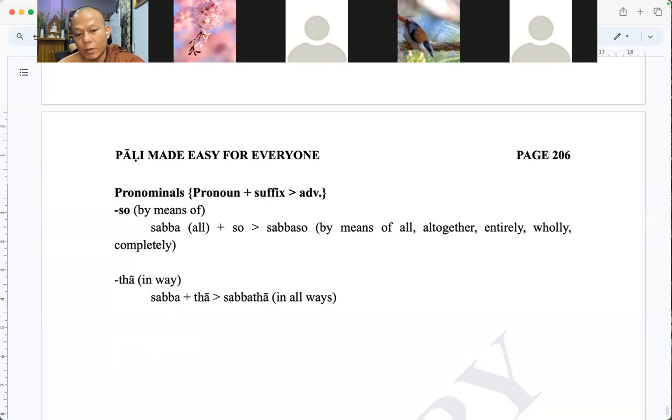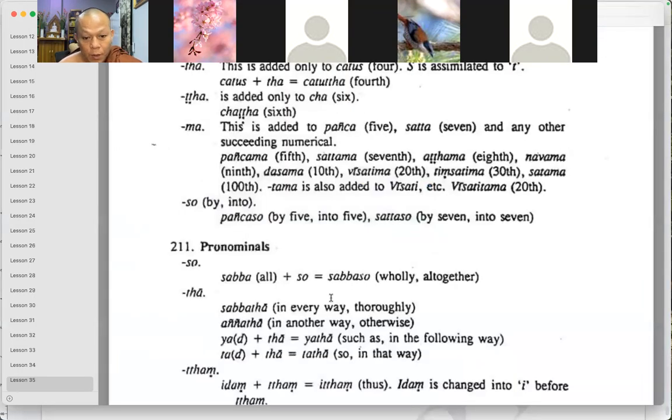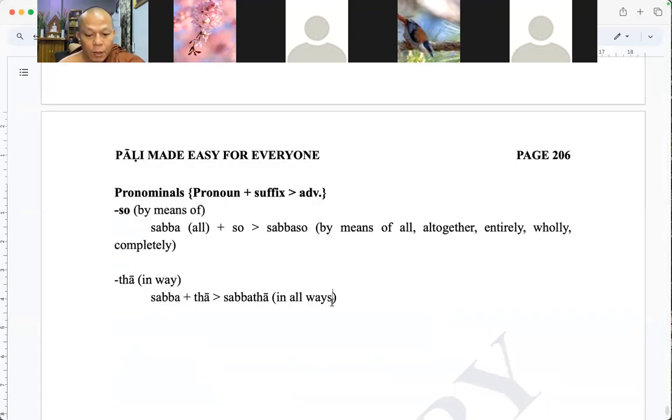Maybe in every way or in all ways, also thoroughly.